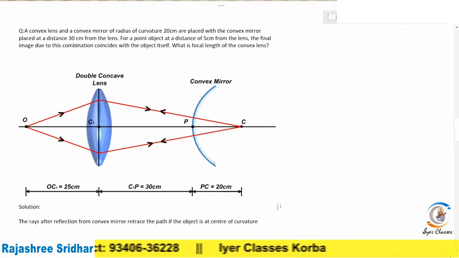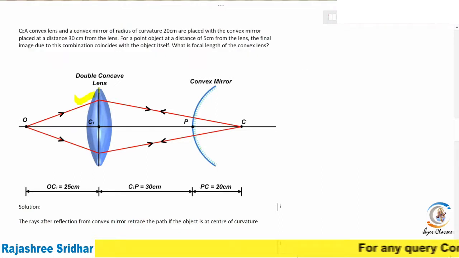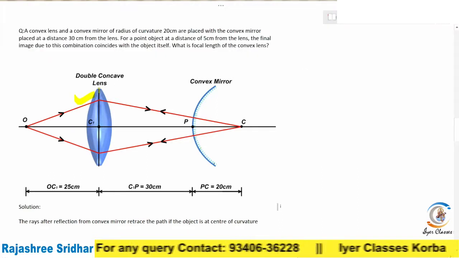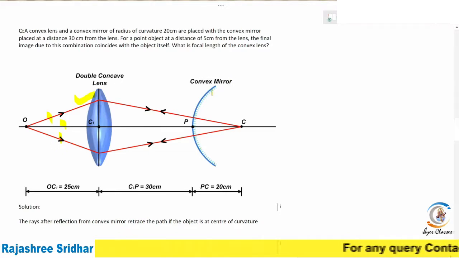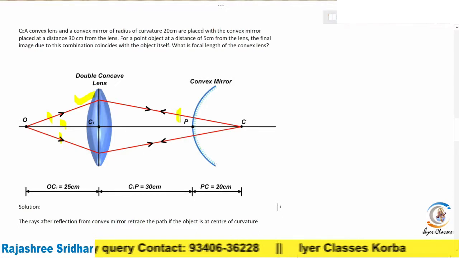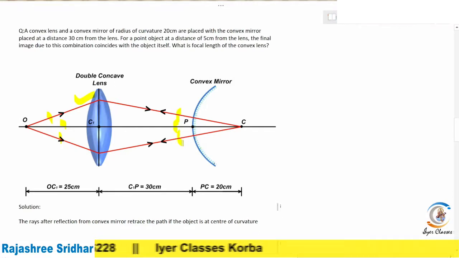Now look at the diagram. There is a biconvex lens, and after the rays from the object get refracted from the lens, they fall on the mirror, which is a convex mirror, and they retrace the path. That means after reflection, they follow the same path.